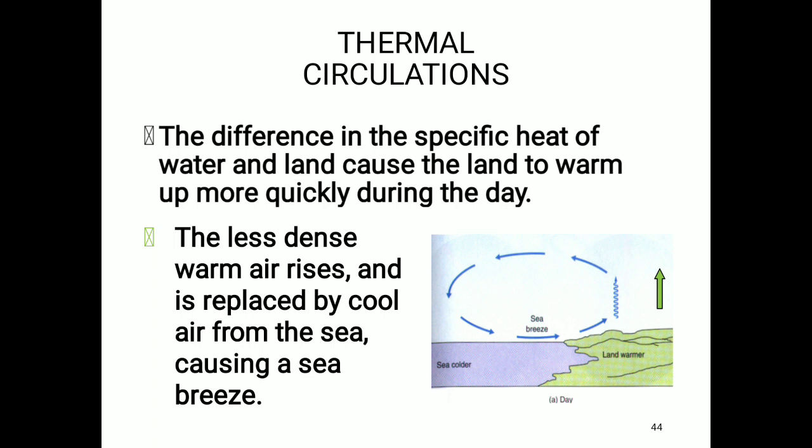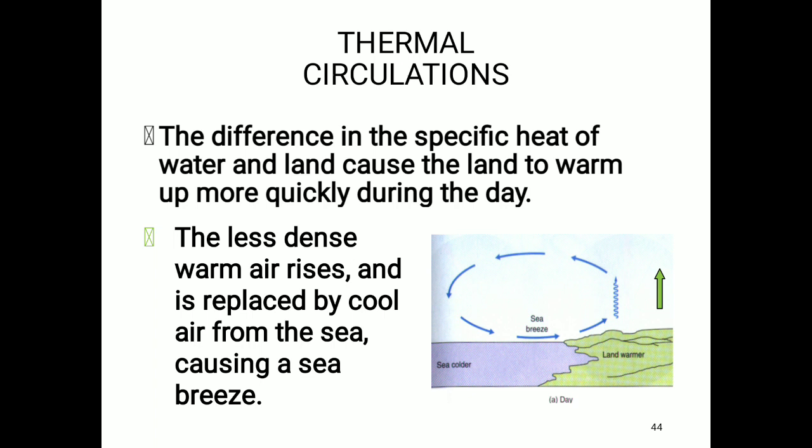The specific heat of water and land causes land to warm. So land has the lower specific heat, it will warm up more in the day, but water has the higher specific heat. So water has a cooler temperature, and the air will flow.